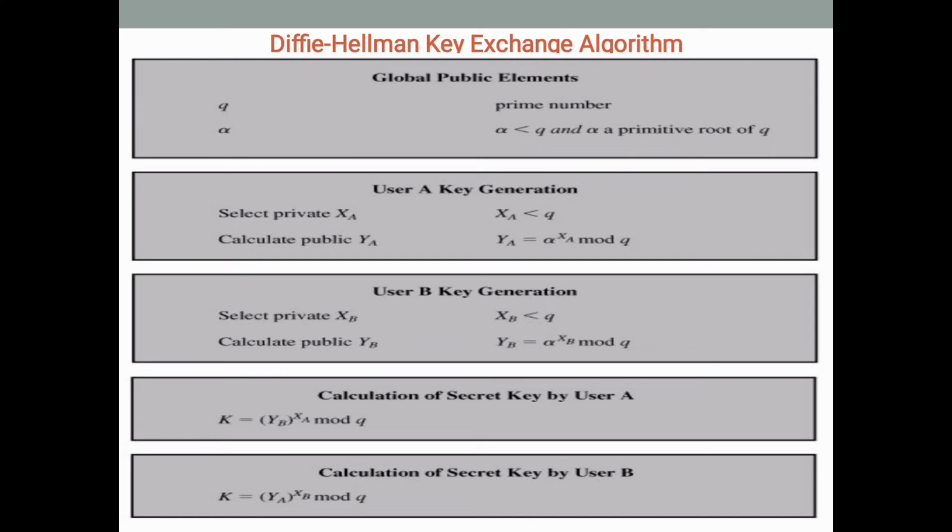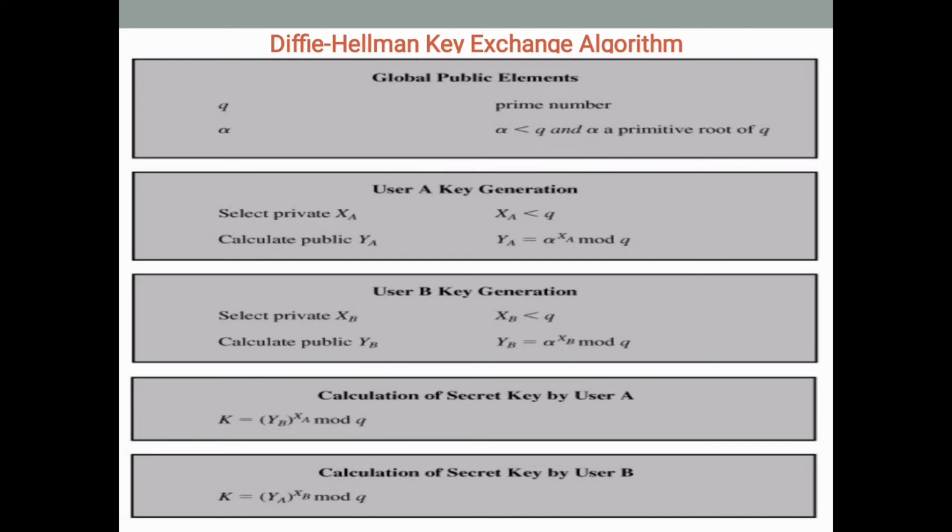To generate a key from the user A side, they have to choose a private number XA. The XA should be less than q, since initially we took q as a prime number.